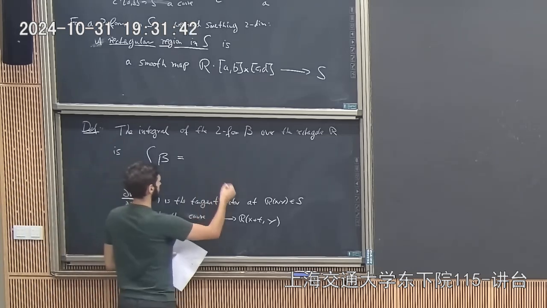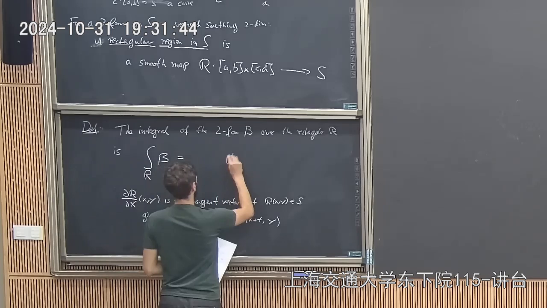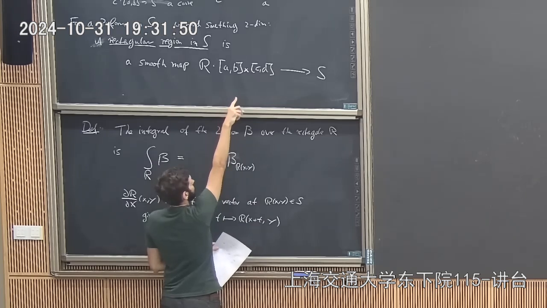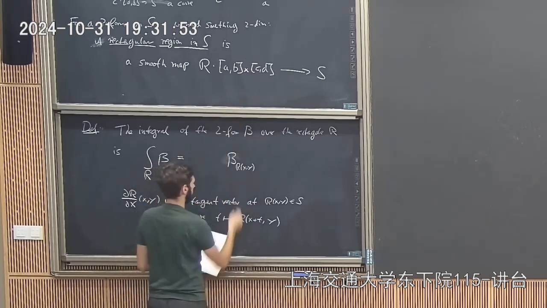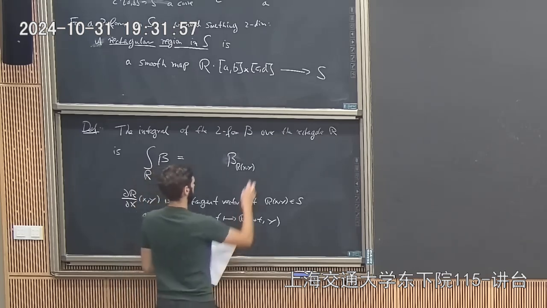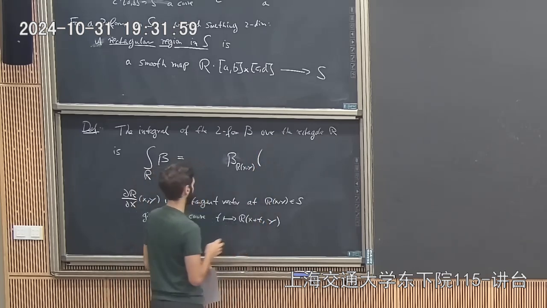The idea is now that we have our two form, and we plug in R of x y, and then we have to specify two tangent vectors.